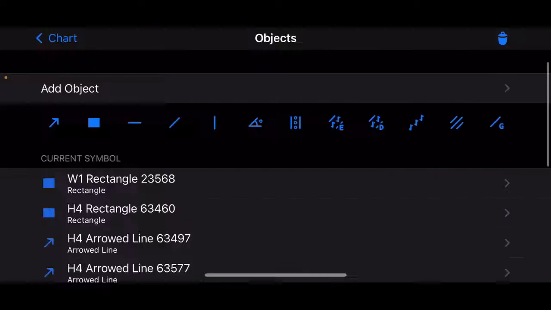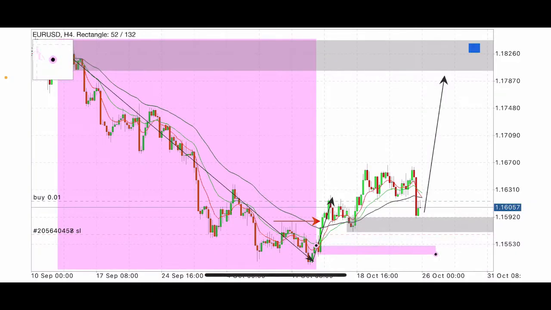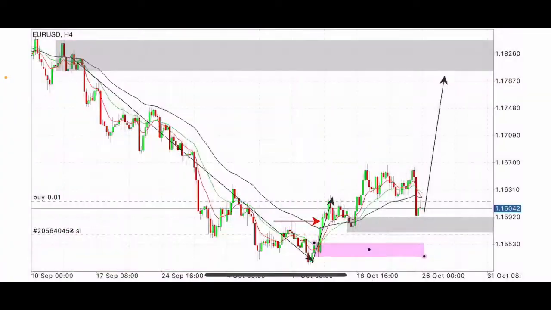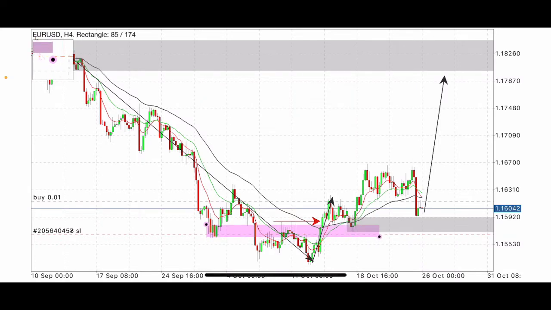So in a perfect situation, price would have to come test that pink area here and then go up. Well, price didn't do that. Instead, price came back to bounce right around here, which is sort of like previous structure and a previous area of resistance, right?